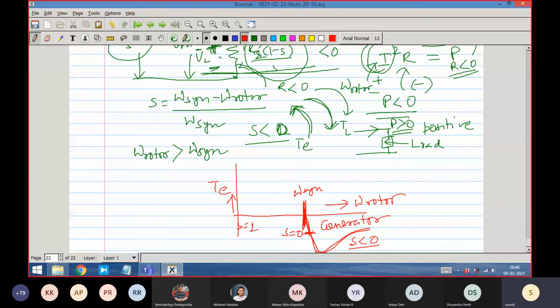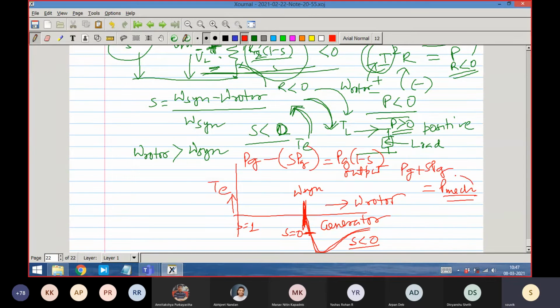Here the power balance occurs in this way. Earlier, Pg is the air gap power, minus rotor copper loss is equal to Pg into 1 minus S, which was the output power. And now this loss is S Pg. Because the slip is negative, the air gap power plus S Pg will be the mechanical power.